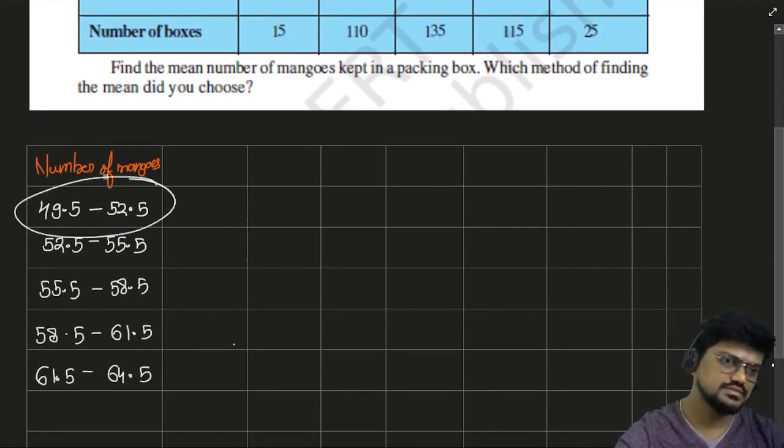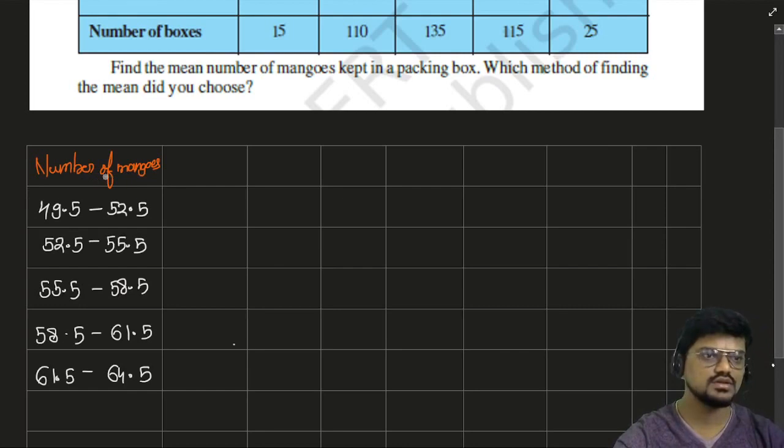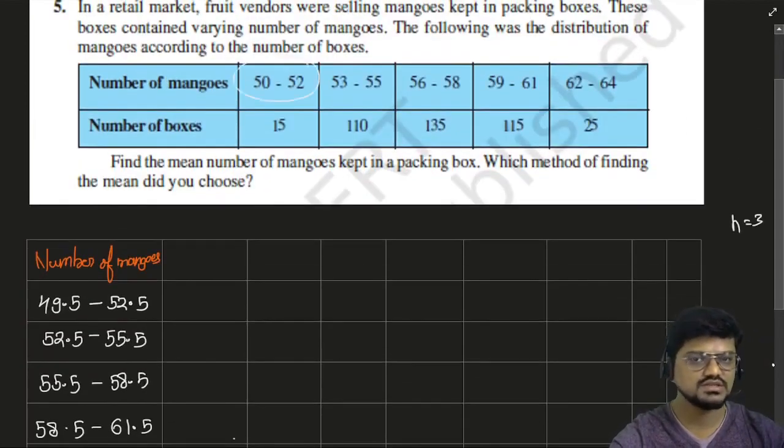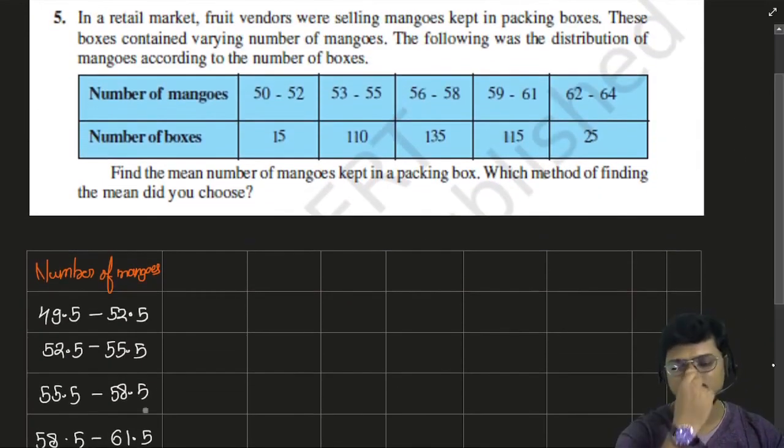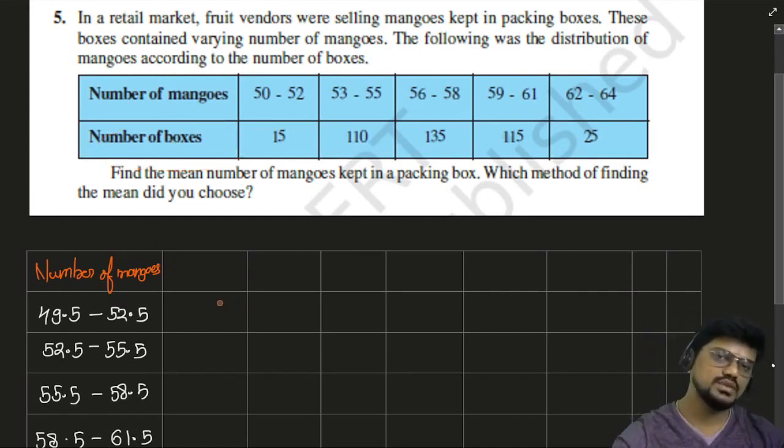What is the difference? 3. Yes, the value of h will be 3 now. Before it was 2, as you see in this data, but after changing, it became 3. Fine. This was the number of mangoes. And now let's write the number of boxes. Since it's the number of boxes, it will be the frequency.